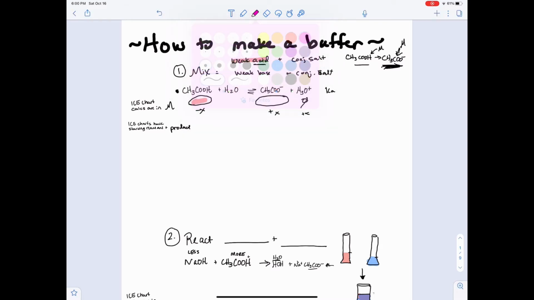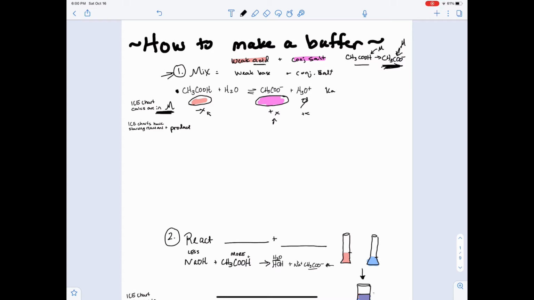So that's your acid, and then here's your salt. So that's what's different about the ice charts. You've got the Ka, but now you've got something for both places. And it actually makes the math easier because you're going to be throwing out both of those x's beside the number, so it definitely does make the math easier. You'll see as you do some of these problems. So that's one way to do it.